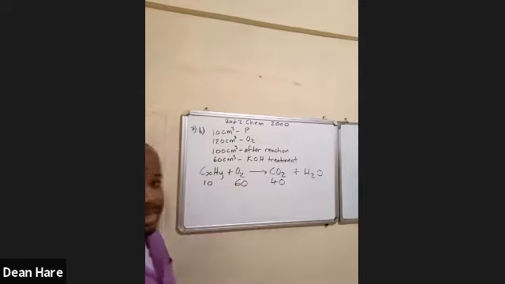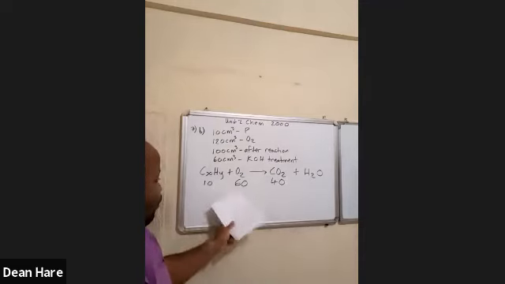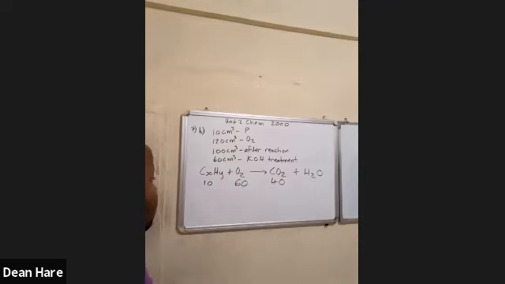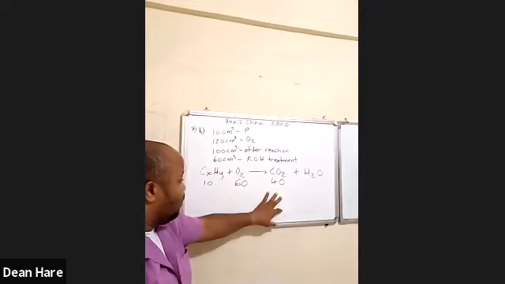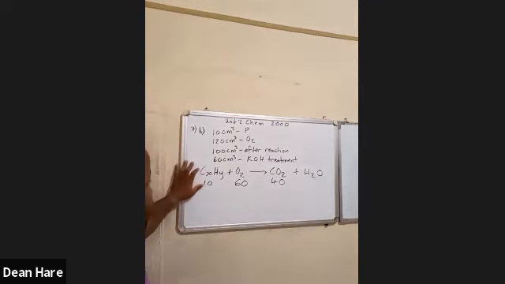For this type of question, we get the volume of the reactants and the CO2. This is how you will set out your answer. You write the balanced equation.